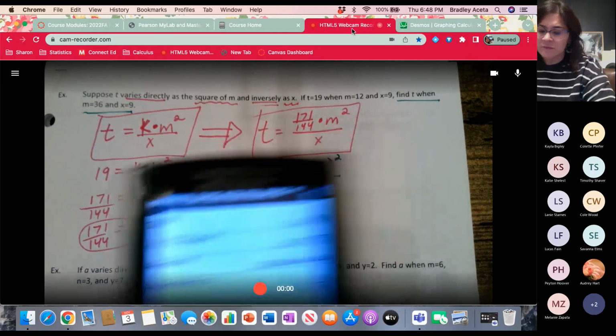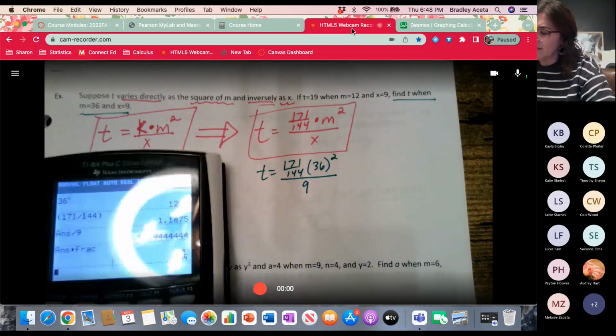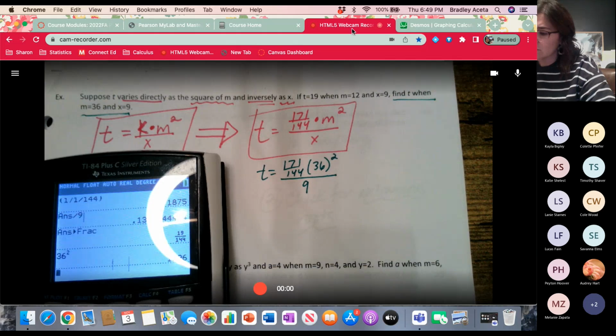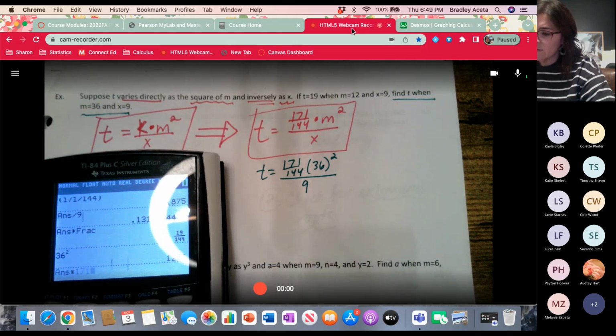19 over 144. That's not right, according to what I have here. What did I do wrong? Let's see. 36 squared. Did I hit something wrong? 1296 times 171. Divide that by 144.